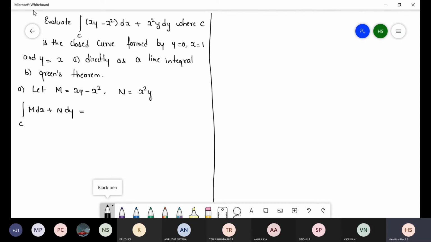So here we have to draw a graph first. This is the graph, x-axis and y-axis. Here I write O, that is origin 0, 0. Here as they mentioned, y is equal to 0 and x is equal to 1, means 1, 0.